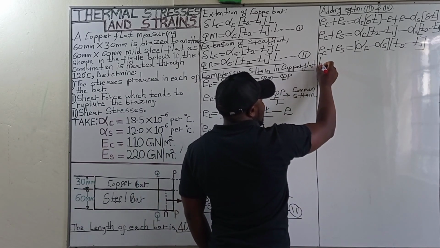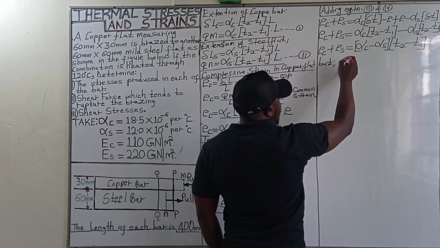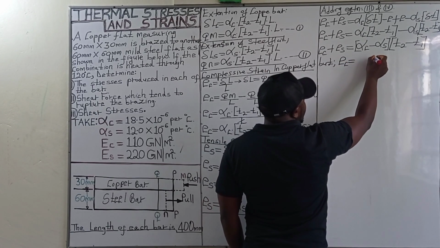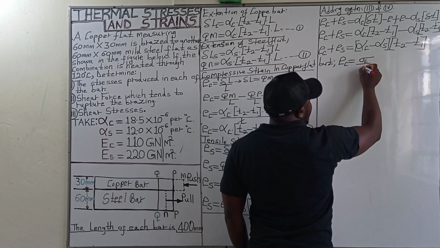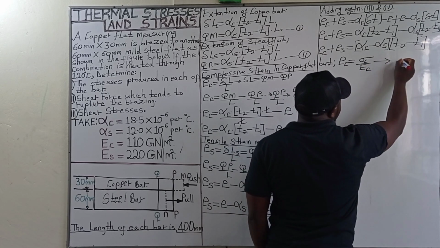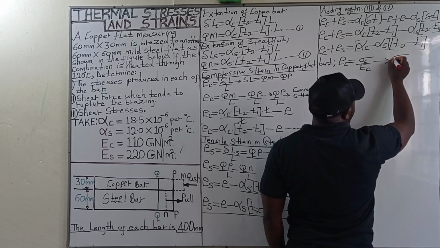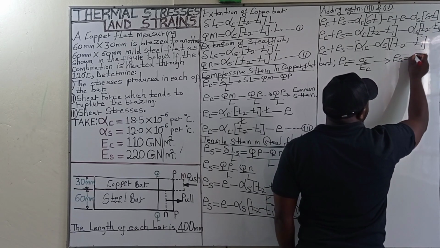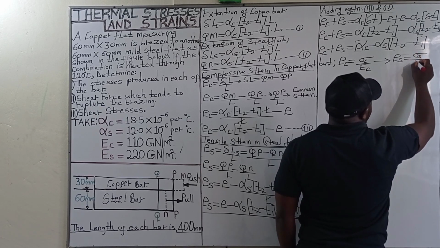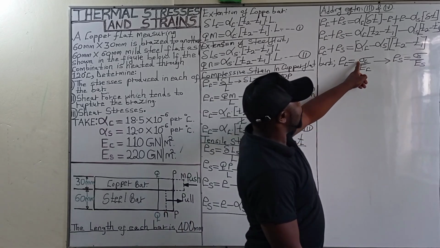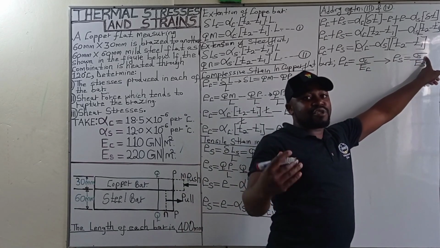But we know this, the strain in copper will be given by stress in copper divided by the Young's modulus of elasticity of copper. And on the other hand, the strain in steel will be given by stress in steel divided by the Young's modulus of elasticity of steel, whereby these two stresses are temperature stresses.